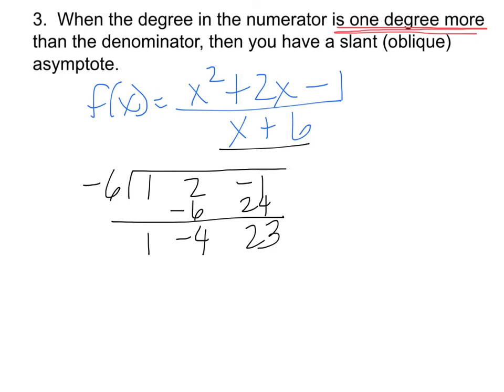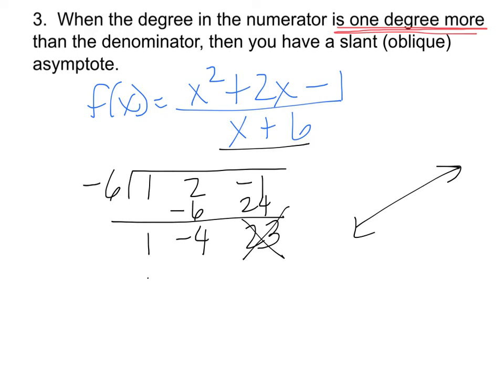Now here's the deal. This is called a slant asymptote or an oblique asymptote because this is actually a line with a slope. Now the kicker whenever it comes to these is that no one cares about the remainder.